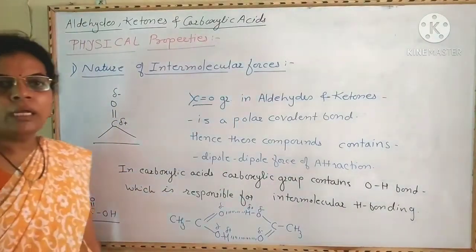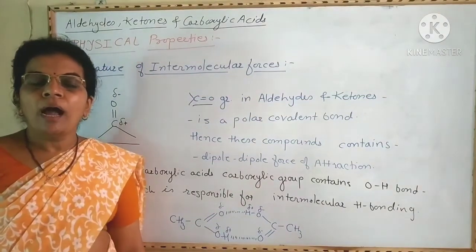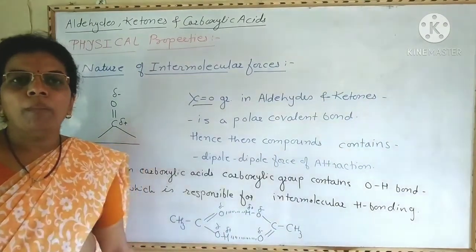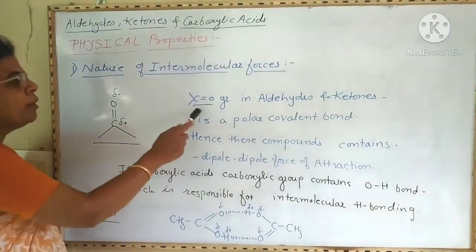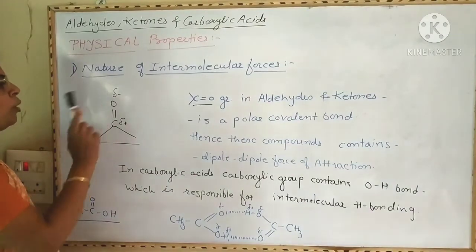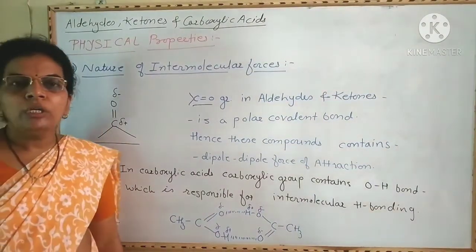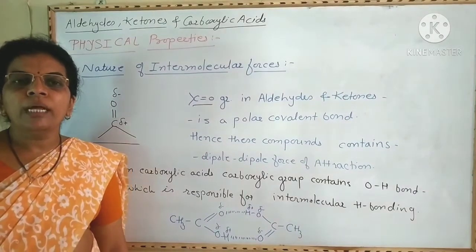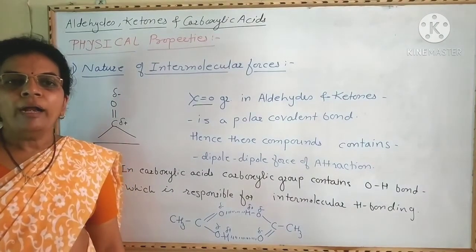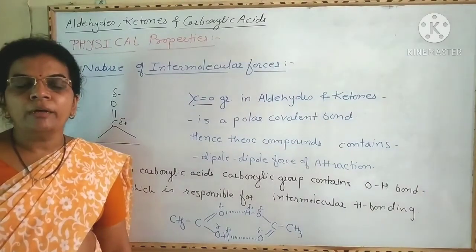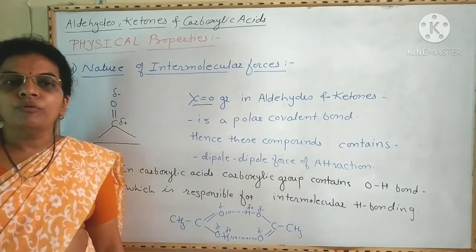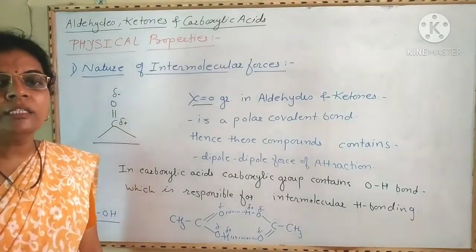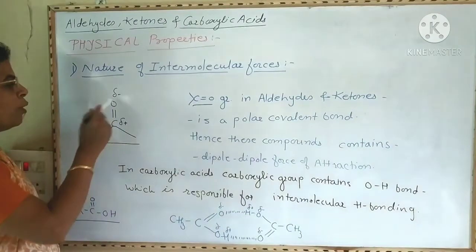Now we know that aldehydes, ketones and carboxylic acids are carbonyl compounds which possess the C=O group, in which the oxygen atom is more electronegative than the carbon atom, and therefore this oxygen atom withdraws electrons from the carbonyl carbon atom by inductive effect, and thus polarization of this C=O bond takes place.